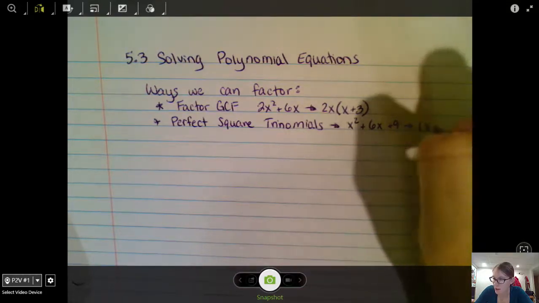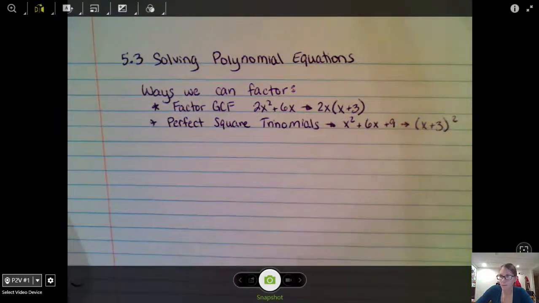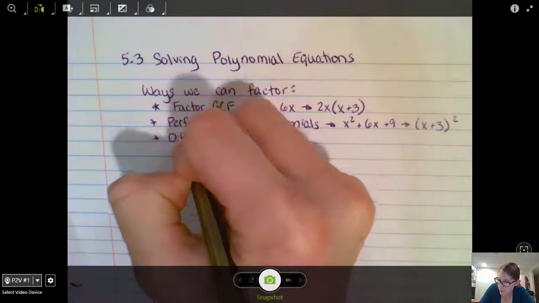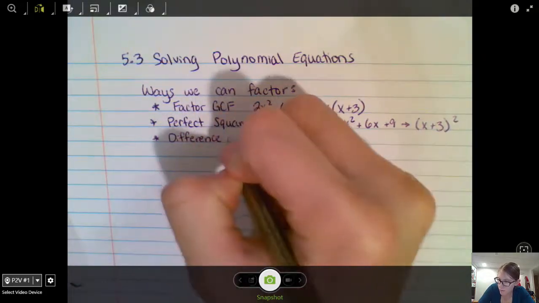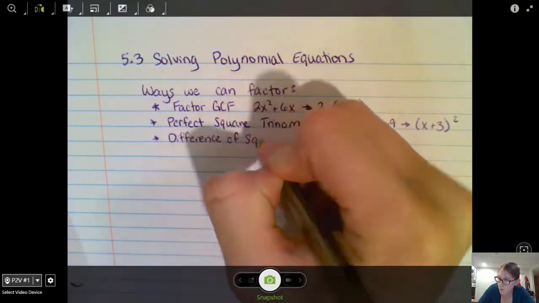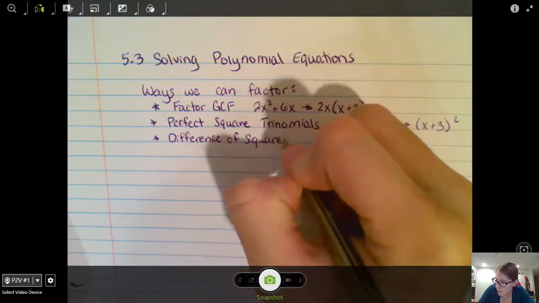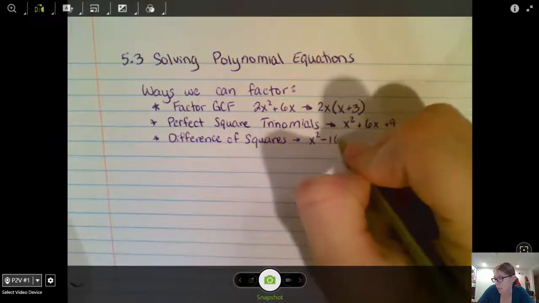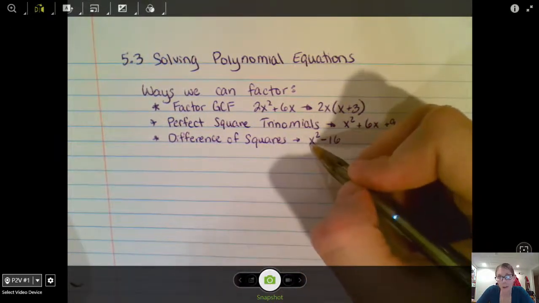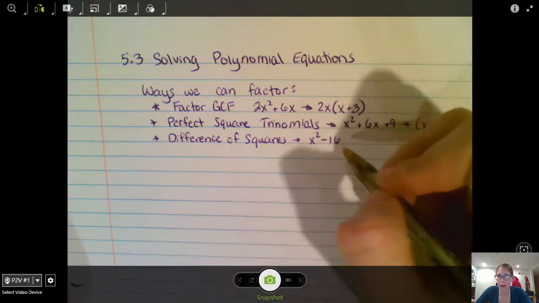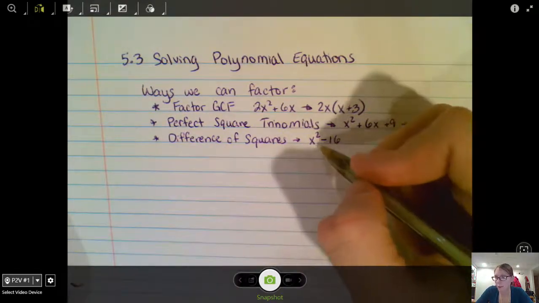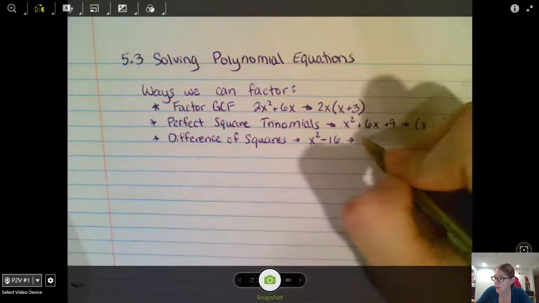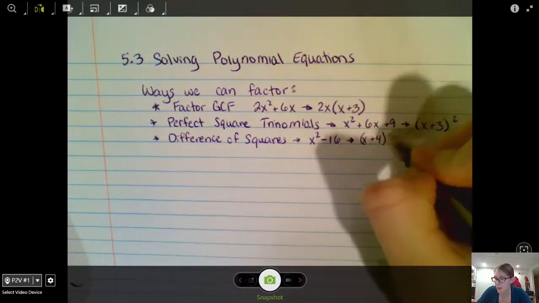This factors to be x plus 3 squared. We also had a difference of squares. If we had something like x squared minus 16, where we don't have that middle term, we just have our squared term and our constant, a difference, and both are perfect squares, it factors to x plus 4 times x minus 4.